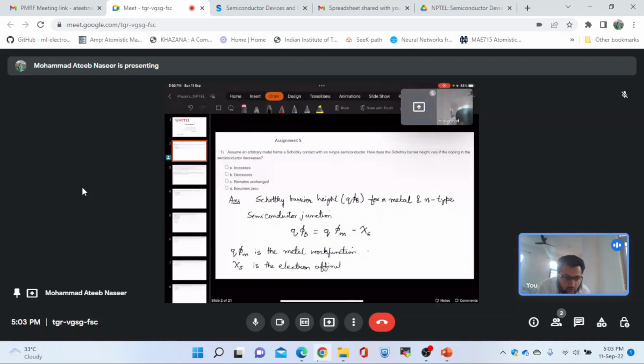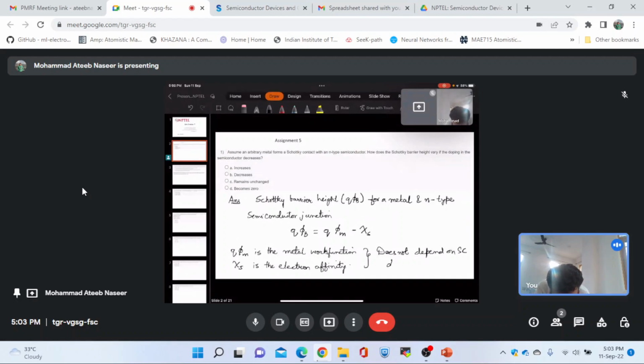For sure, we know these two things, the metal work function and the electron affinity, do not depend on semiconductor doping.